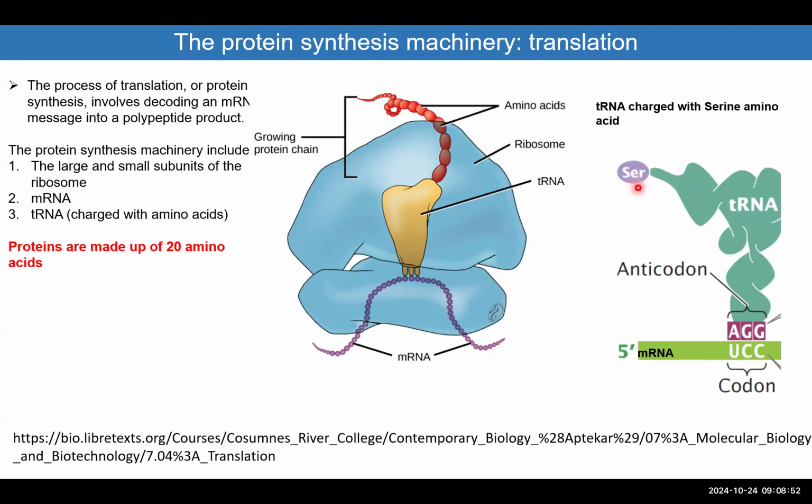What dictates which amino acid is charged to the transfer RNA is the anticodon that the transfer RNA has.